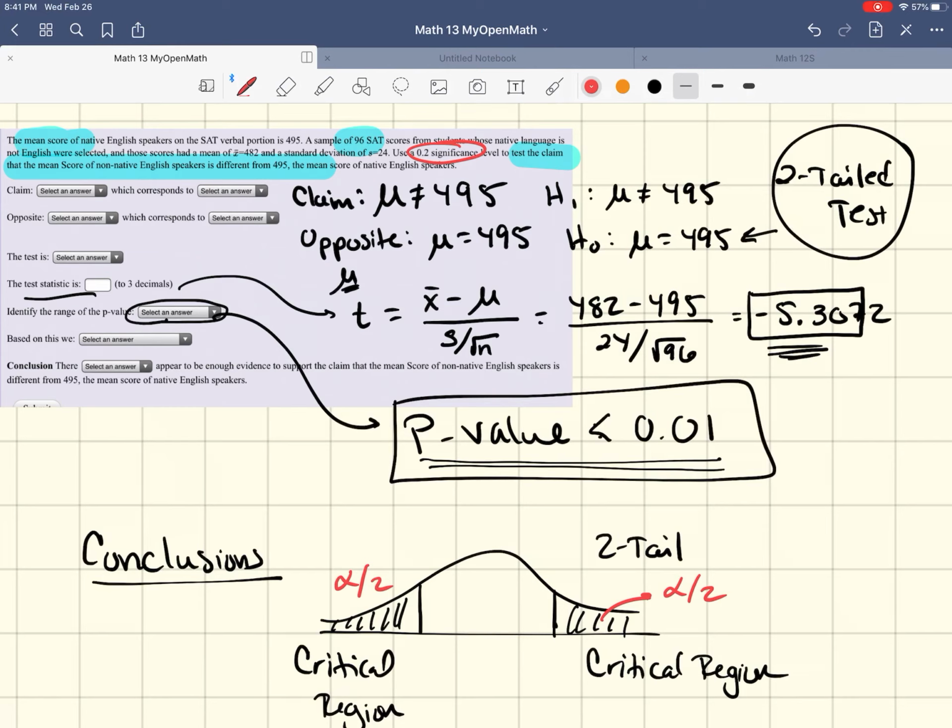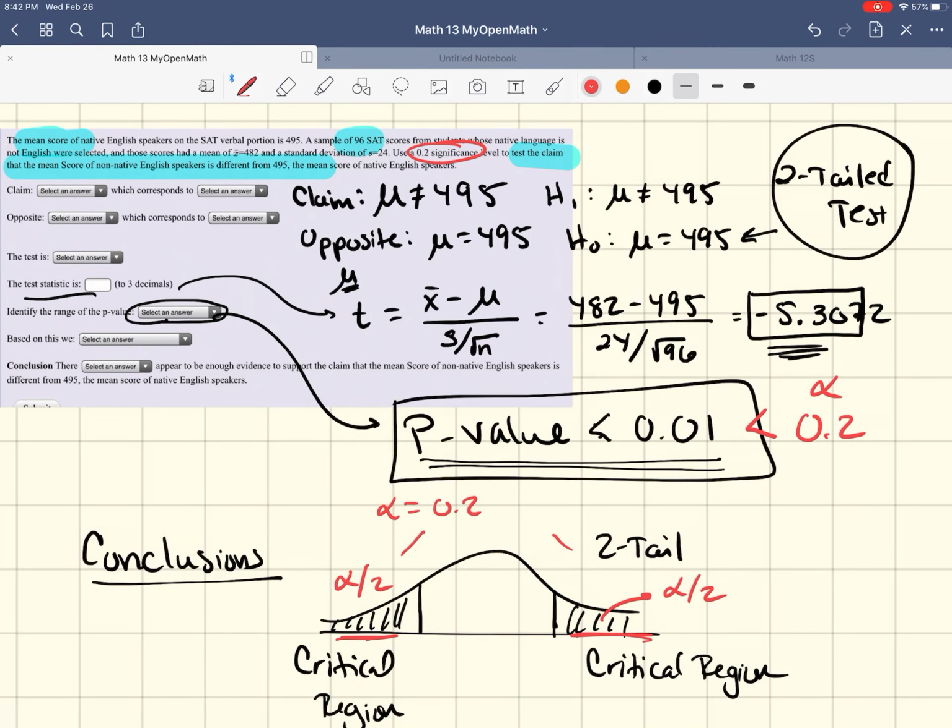And if I remember right, our alpha in this was 0.02. Then we need to know if we're in one of these two critical regions. If the area that gives us our p-value is smaller than our significance level, alpha, then we would be in one of those two regions.